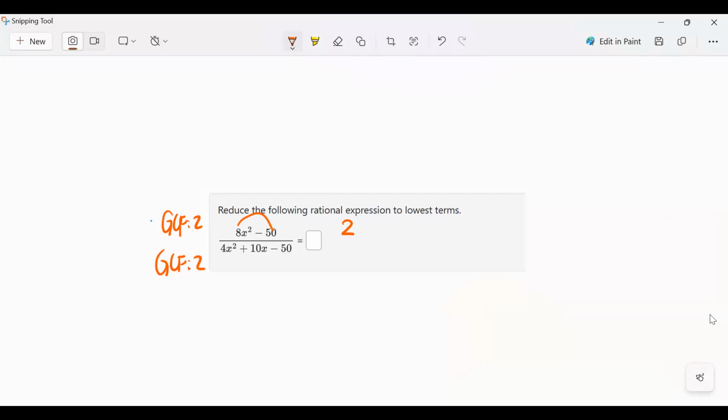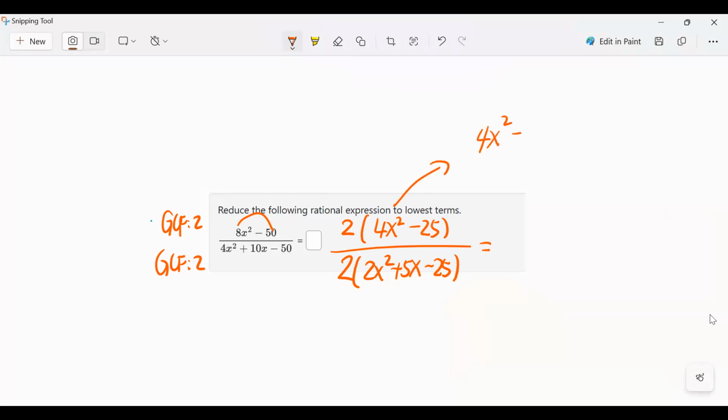Once we factor out the 2, we get 4x squared minus 25 on top, and 2x squared plus 5x minus 25 on the bottom. The top is a difference of two squares, because 4x squared is 2x squared and 25 is 5 squared. So it becomes 2x plus 5, 2x minus 5.